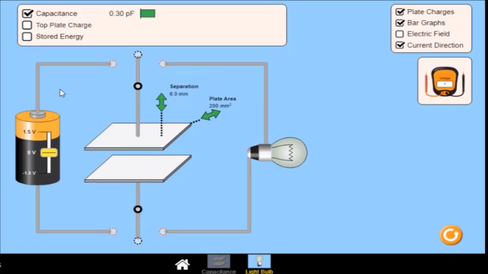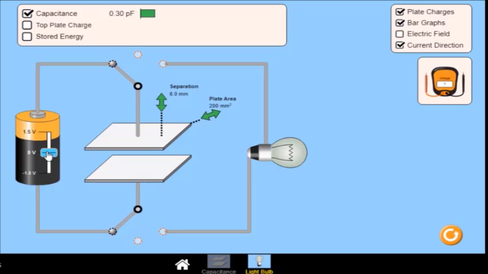In this animation, I have a circuit which is made up of a generator, an initially neutral capacitor, and a lamp. If I put the switch on this point, then the capacitor will undergo charging because it is initially neutral and it is connected across a battery.